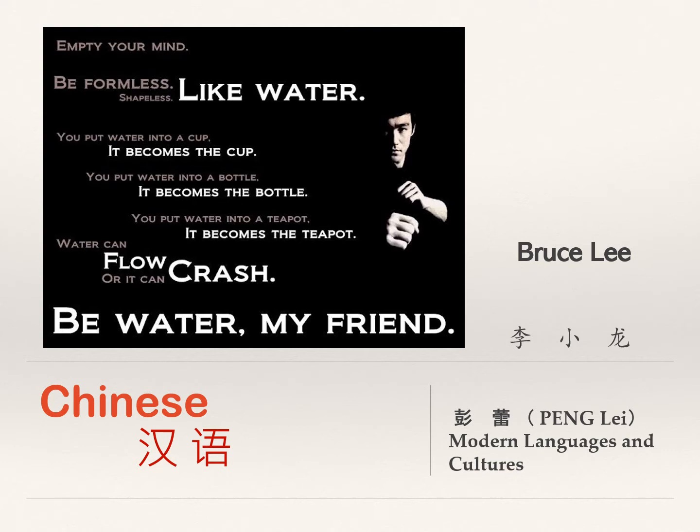In this very brief session, I would like to give you a glimpse of what the Chinese language looks like. On the picture, you will see Bruce Lee with some of his very famous quotes and also his name in simplified Chinese characters. And now the question is how to pronounce these characters. Tricky question. And if I give you the red letters, maybe you will feel a bit more at ease.